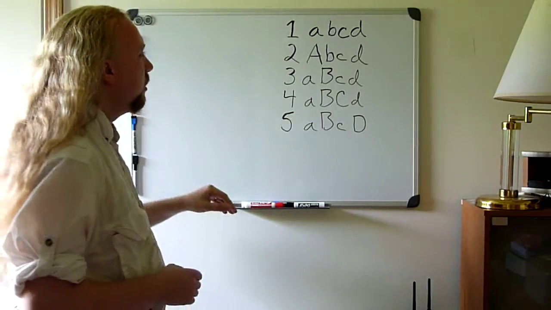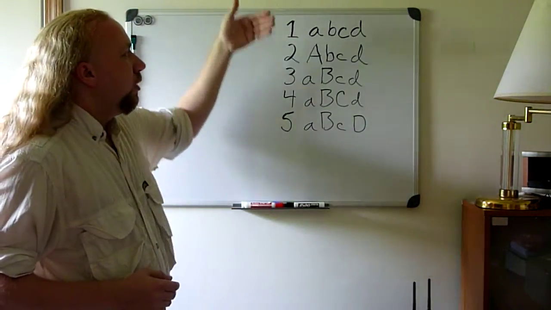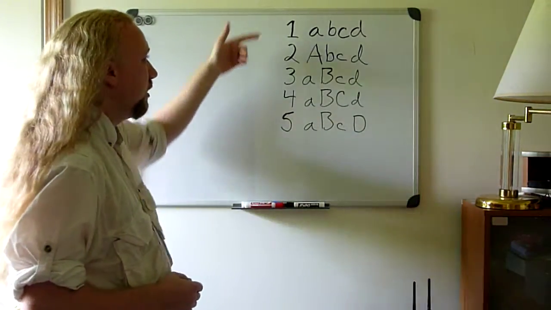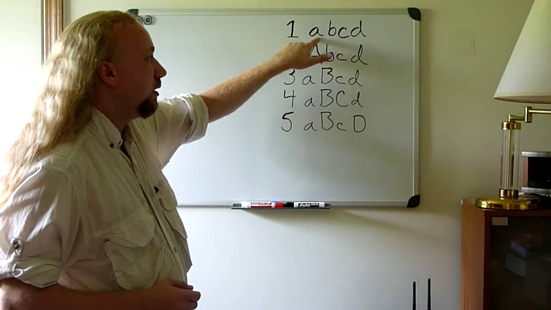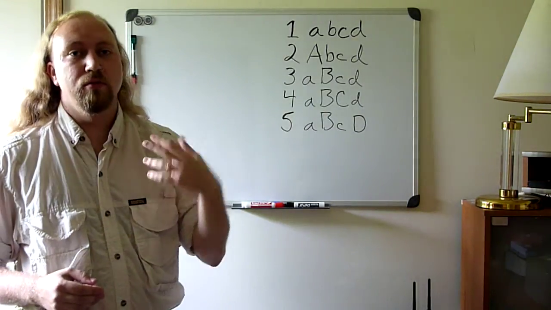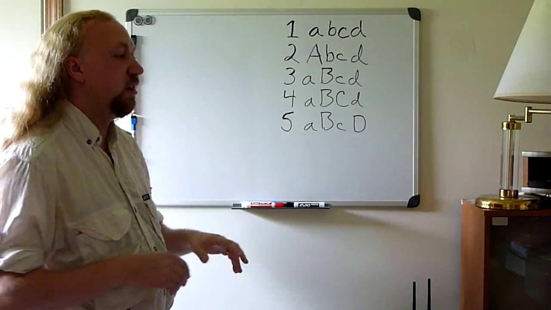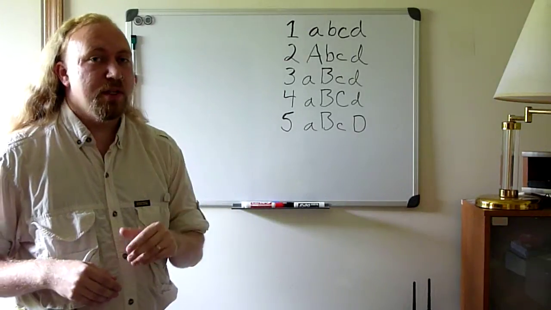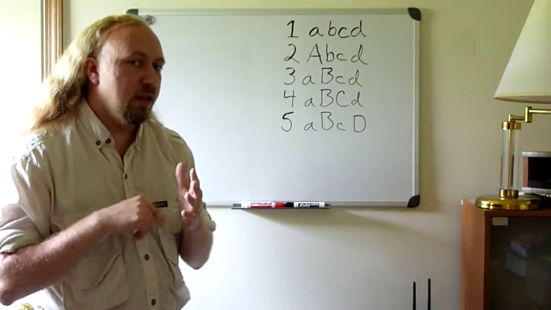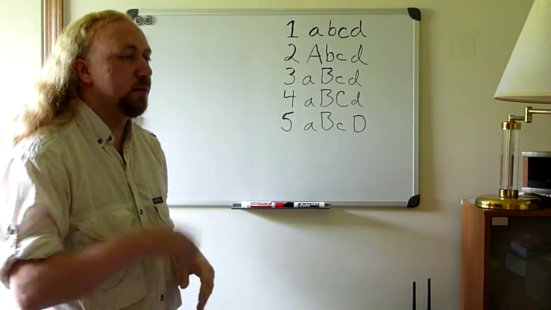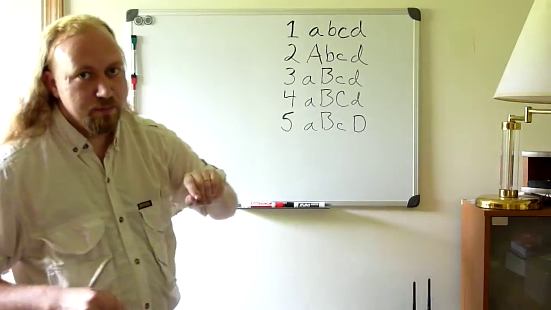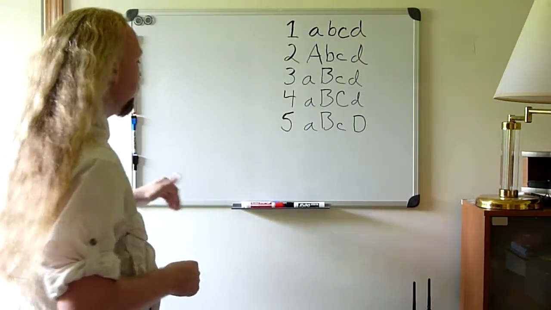The other thing to keep in mind is that the lowercase letters represent the primitive version of a trait. So if number of digits is our trait, then the primitive state, 5, is going to be represented by the lowercase, whereas another state of it would be represented by an uppercase.